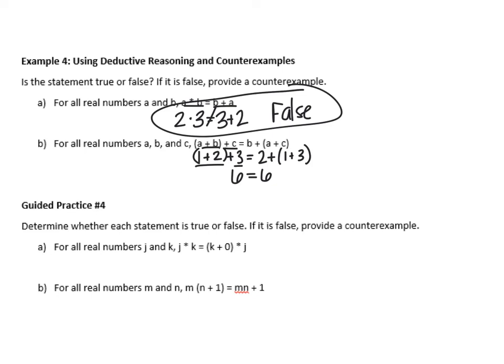Just because you get something that's true doesn't mean that it's always true, so you need to try it again. But this is definitely true because this is actually the commutative, the associative property of addition. It's actually both the commutative and associative properties.